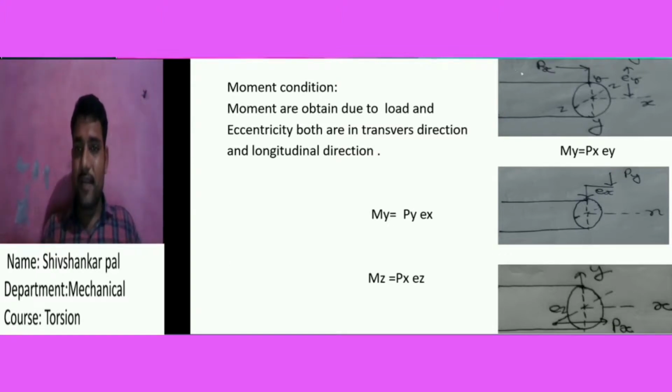See the figure, that is our object. I draw a section of the shaft. I apply a load Px in the direction of the x-axis, which is our longitudinal axis, and the eccentricity ey is in the y direction. That produces the moment Px × ey.